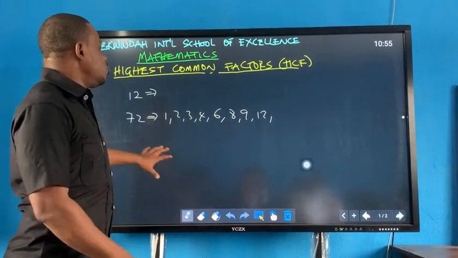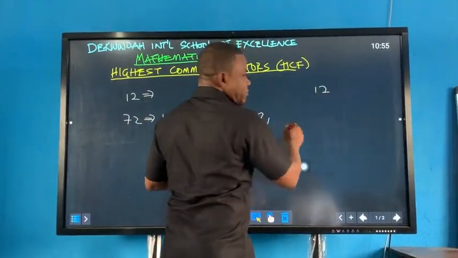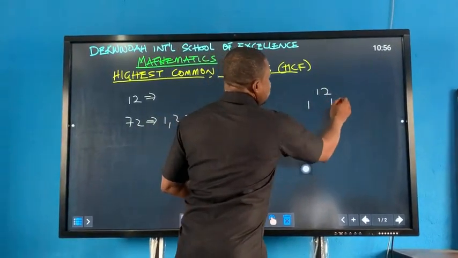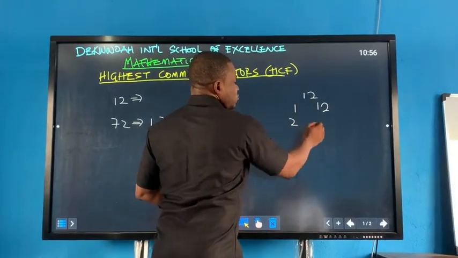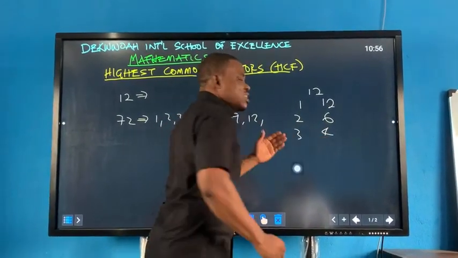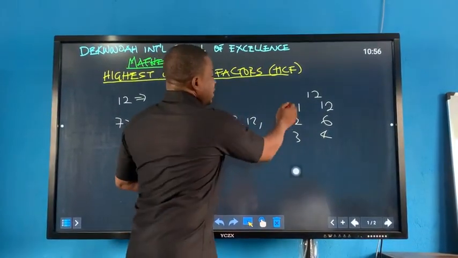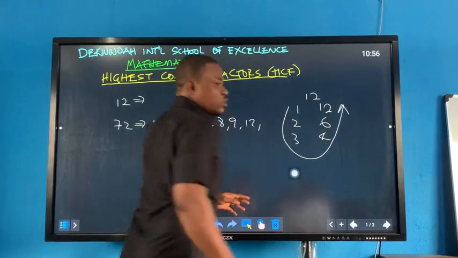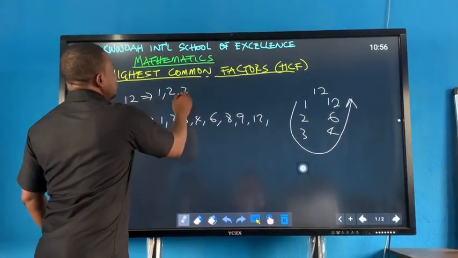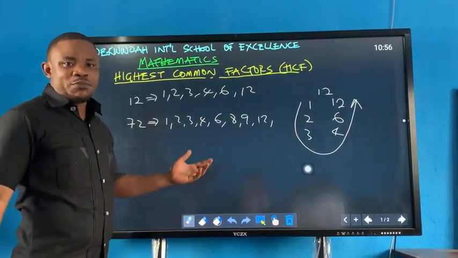So instead of going through all of that stress, I can just simply write 12 somewhere. Let me start with 12 again, and start from 1. 1 into 12 is 12. 2 into 12 is 6. 3 into 12 is 4. After 3, what do I have? 4. 4 is already there, so I stop. Then if I take it through, the factors of 12 become 1, 2, 3, 4, 6, and 12, like we had in the beginning.